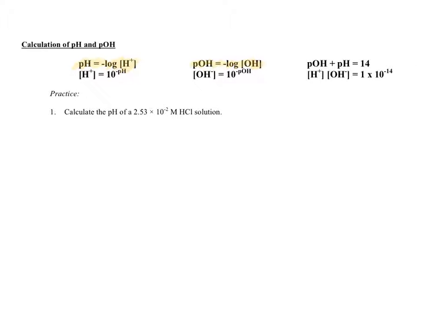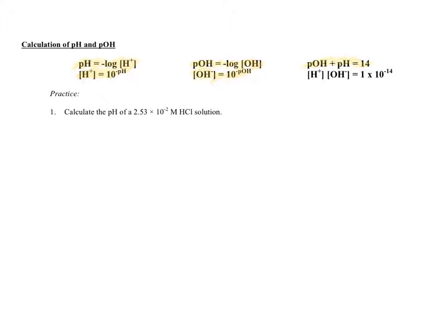There's some other equations too where you can go backwards. So if pH is the negative log of the concentration of H plus, you can get the concentration of H plus from 10 to the negative pH, and same with the pOH. 10 to the negative pOH is going to get you the OH minus concentration. And then you can also take the pH and the pOH, which should equal 14.